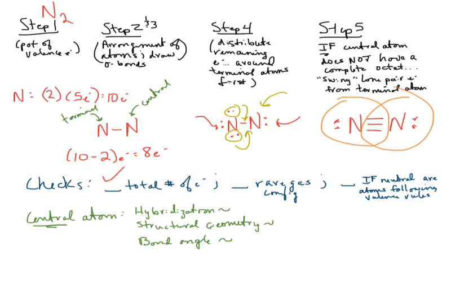If they share 6 and they have 2 of their own, yeah, they have a complete octet. Since this is a neutral molecule, there's no overall charge, we would expect it to follow the rules. Since nitrogen and phosphorus are both 5A, 8 minus 5 is 3. Remember, when we talk about the valence of an atom in a neutral molecule, that's the number of sigma and pi bonds. It has 1 sigma, 2 pi. So 3. So yes.